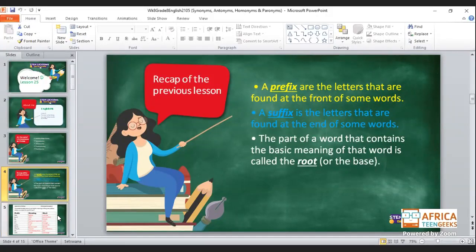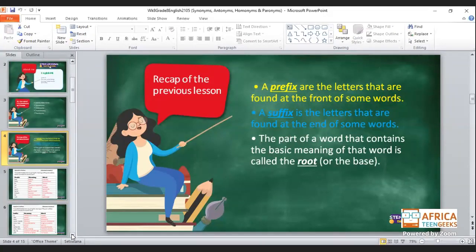And I also gave you a homework. Did you do it? I see there's someone who has raised a hand. Please use the chat to ask your question, please. All right. So yesterday I gave you a homework based on prefixes and suffixes, and I did promise that we will do corrections. So let us do them quickly.